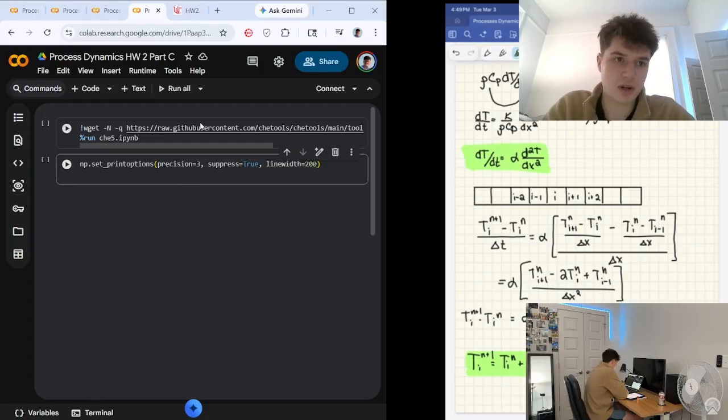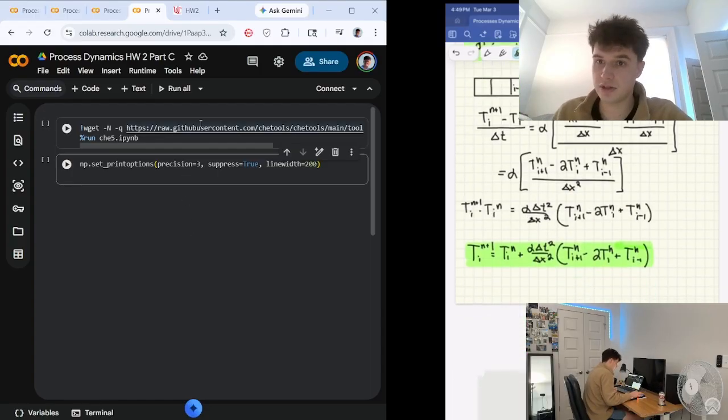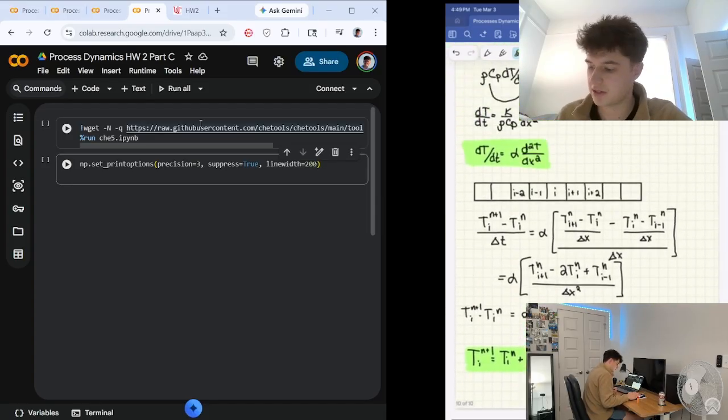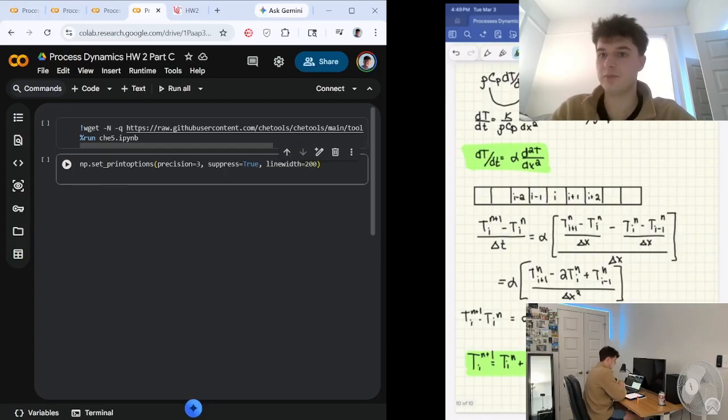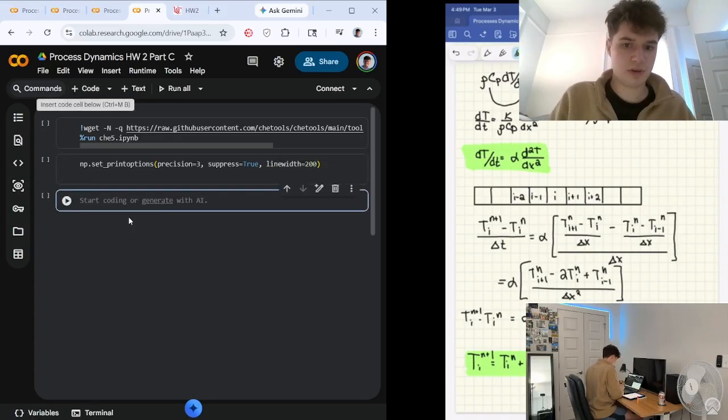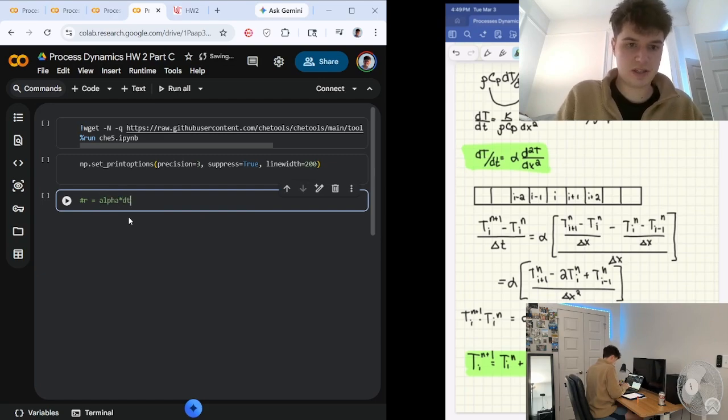So next, let's start actually defining our variables and using this equation that you can't really see because of my face. I will move my camera next time I pause, but we're going to be using the equations on the right side in this. To start, R is going to equal alpha times dt.